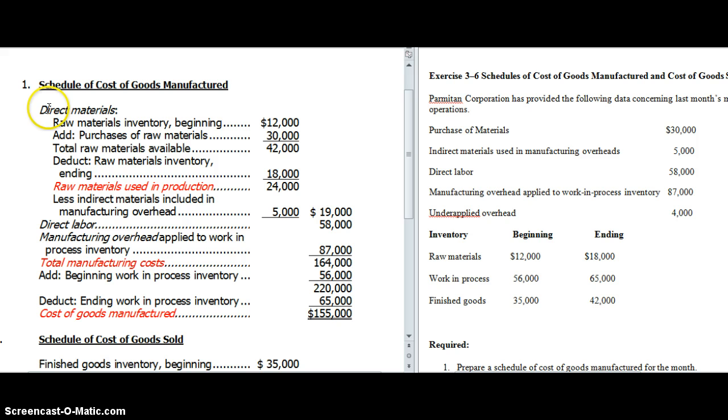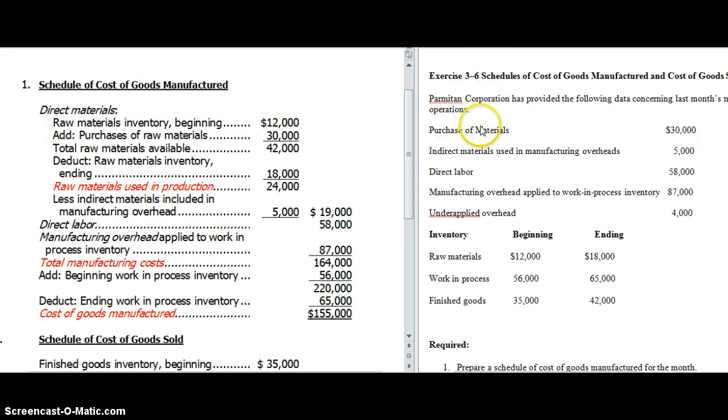It begins with direct material, then you have the direct labor, and then you have the manufacturing overhead applied to work in process inventory. So these are the three important information that you have to record in a schedule of cost of goods manufactured. So let's look at what do you record under direct materials.